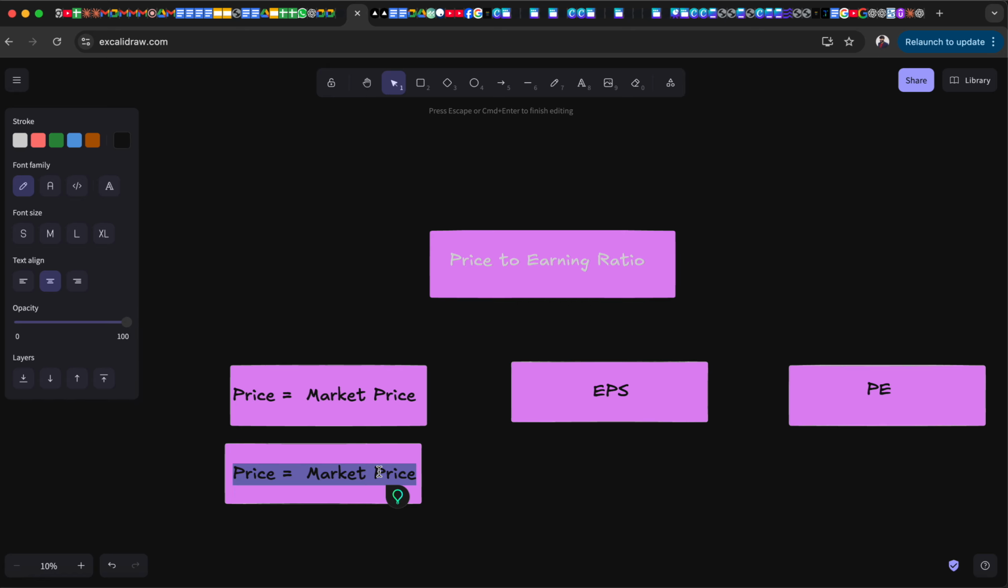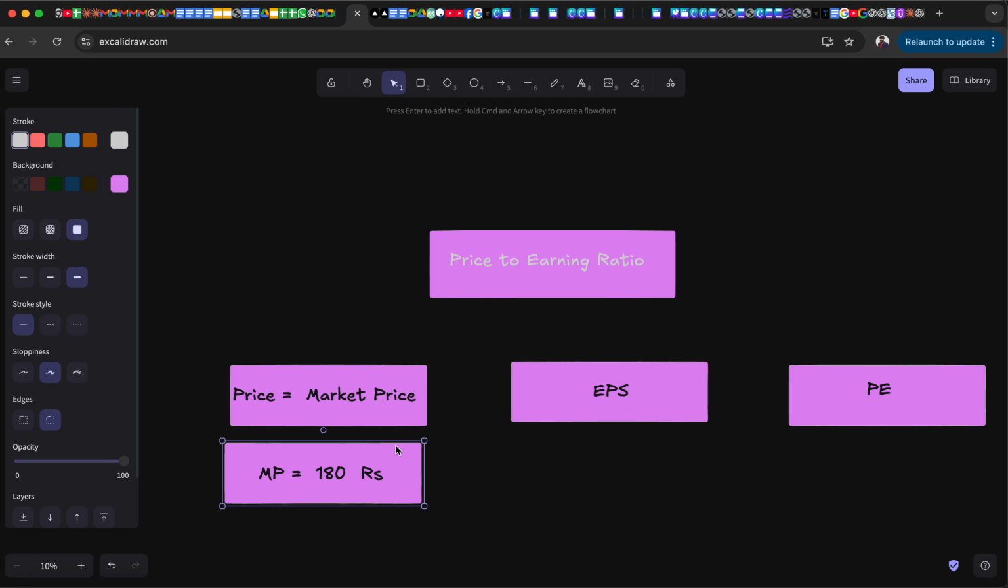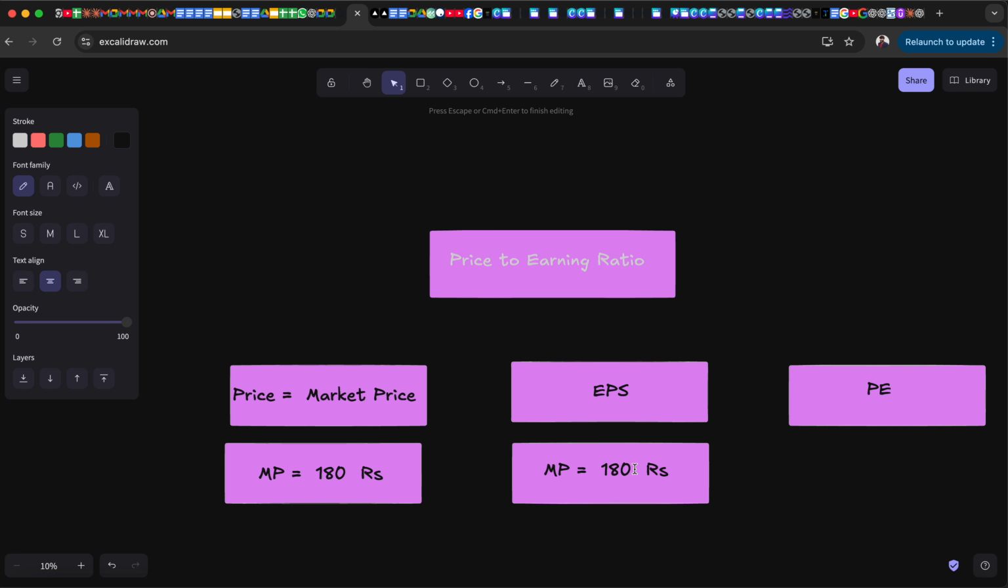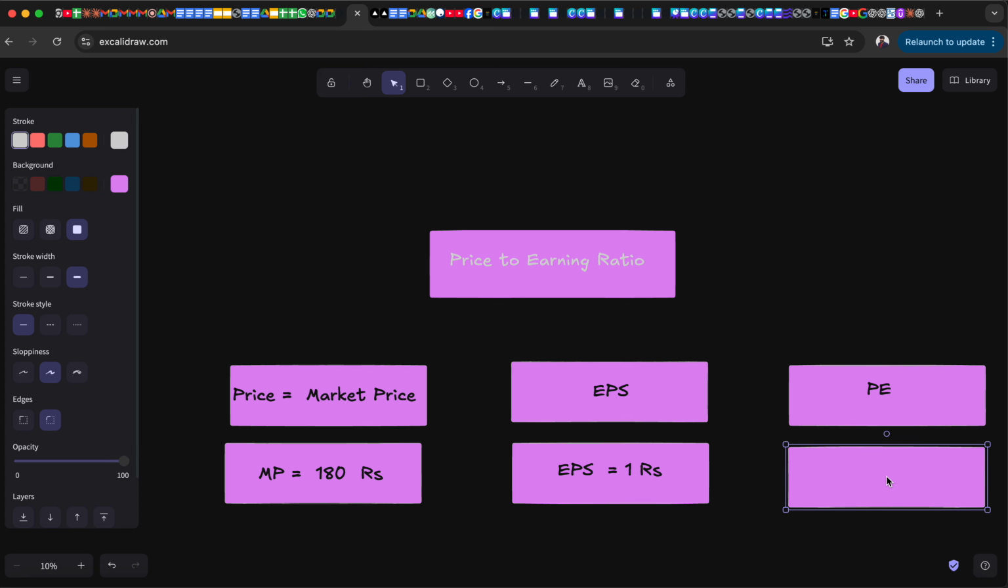Let's say you have one share with a market price of 180 rupees that you're paying, and against the 180 rupees you have earning per share, which is calculated, EPS of 1 rupee. Now let's calculate PE: 180 divided by 1.